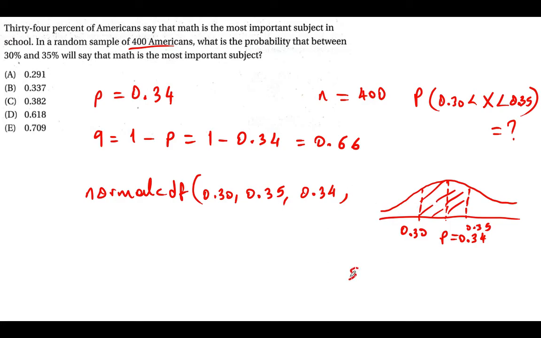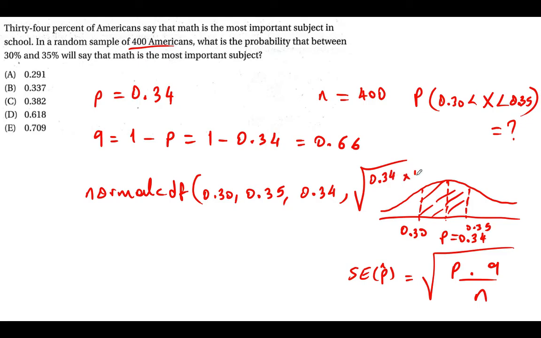The standard deviation for the proportion, I know the formula as the square root of P times Q over N. So in this case, it will be square root of 0.34 times 0.66 divided by 400, since N is 400 here, P is who is supporting the idea, 0.34, and Q is who is not.